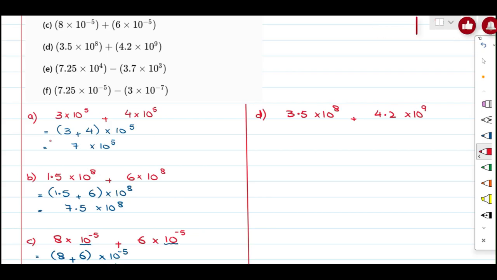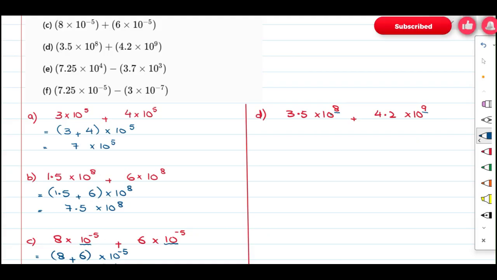Now in this part, the power of 10 is 8 here and 9 here. The powers are different, so we have to make the power the same. You can make both 9 or you can make both 8. This is up to you, right?